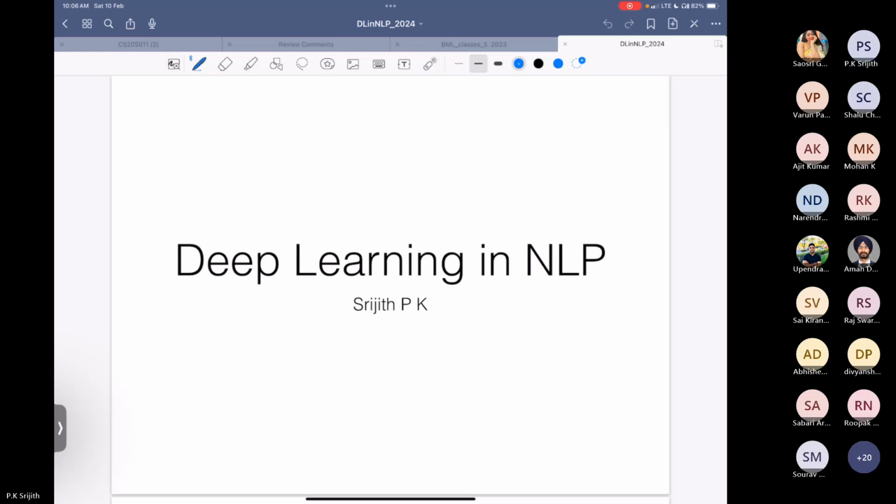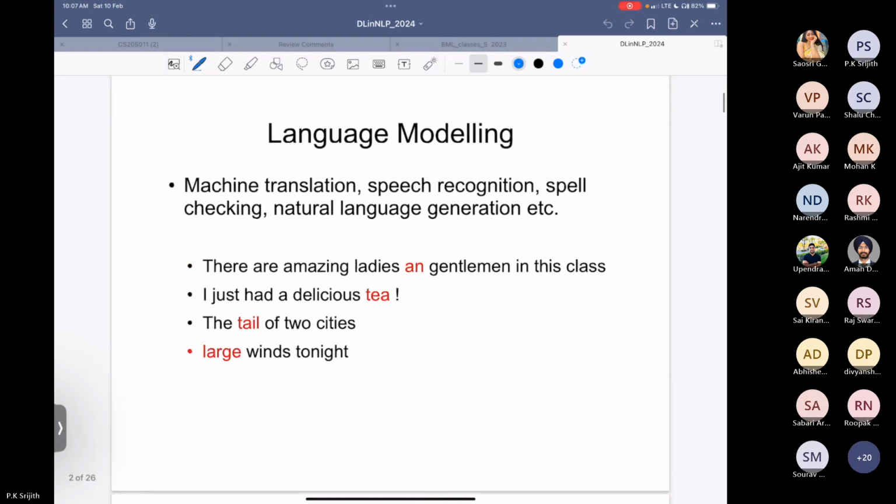For example, the task of language modeling, where you want to model a language. What is meant by modeling a language? I need to understand how the words are generated in that language, and can I generate new sentences from the model which could understand that language?